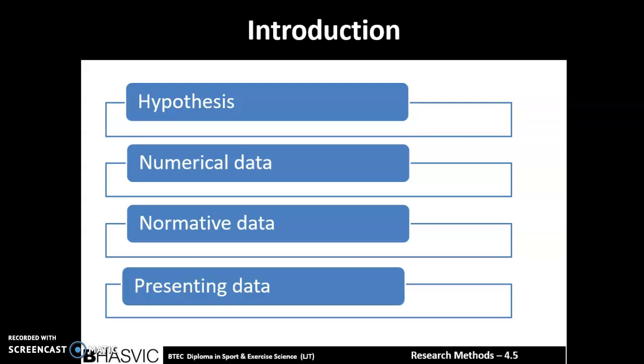So this links directly to the next 2 points, which are normative data and presenting data. Having numerical data from your study means that you can compare it to the normative data, which has many benefits because you can spot anomalies.